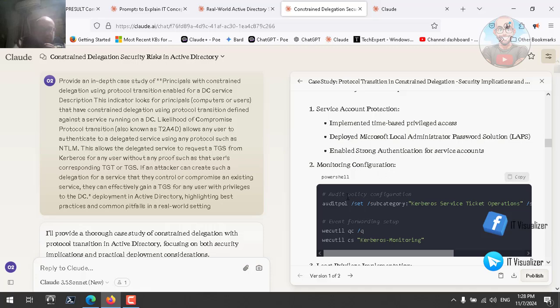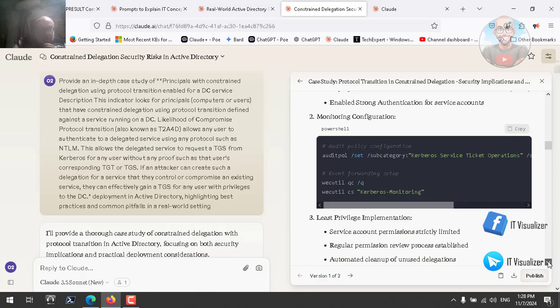For example, we need to enable audit policy configuration just to monitor the Kerberos ticket operations. Okay, this is good. Now we can also see here it is called event forwarding. I think here he's putting the events of the Kerberos tickets in the forwarding section in the event log.